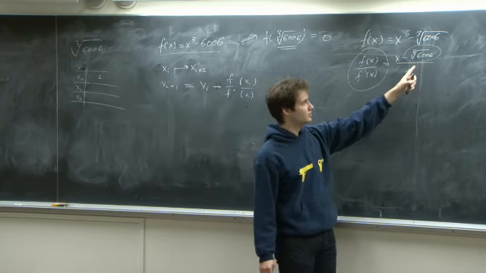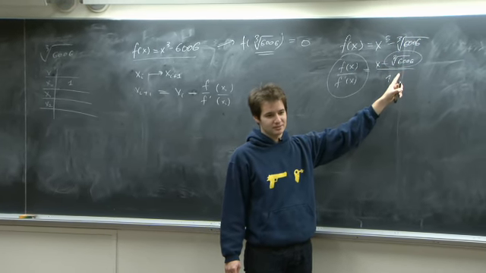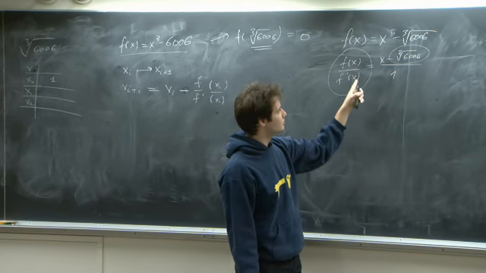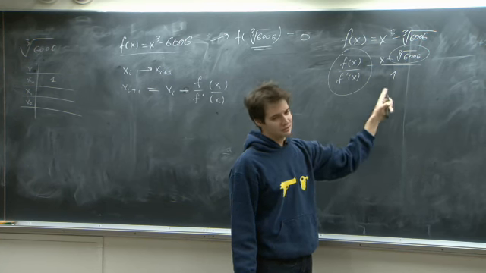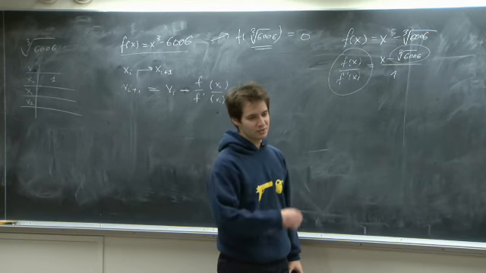Computing this one requires that you know the answer to your original problem, which is not cool, right? Newton's approximation requires that you compute this, so you have to know this, which is what you're trying to do in the first place.